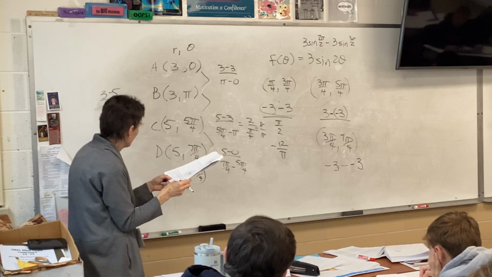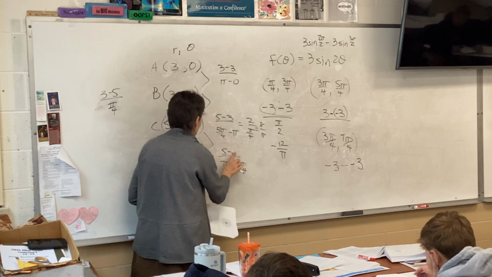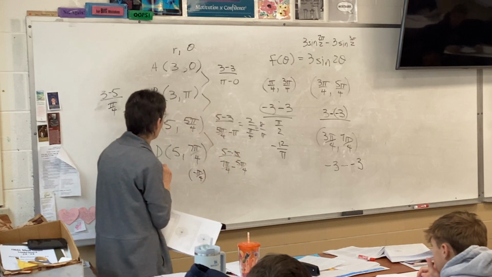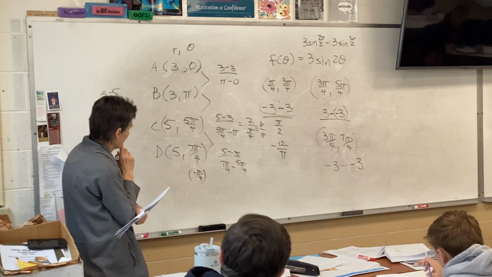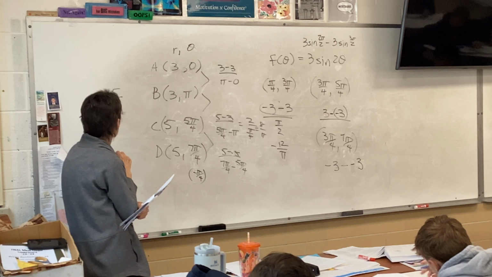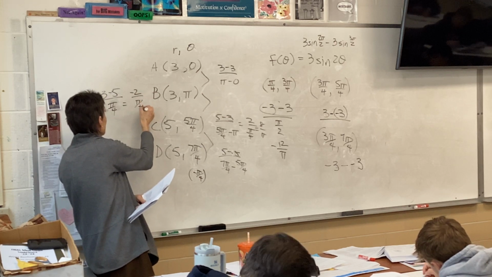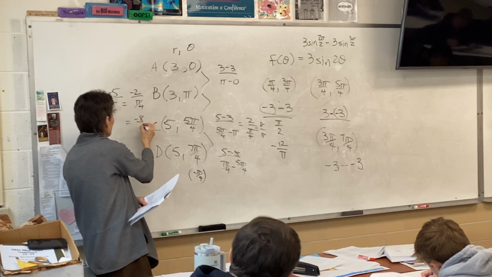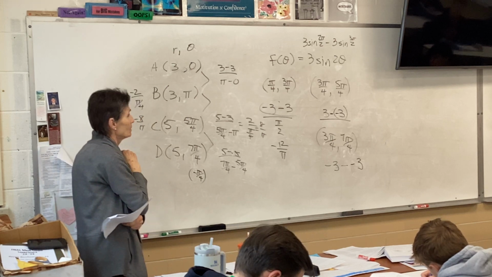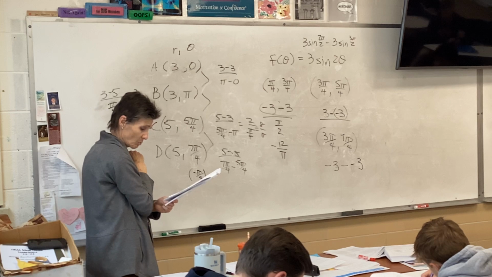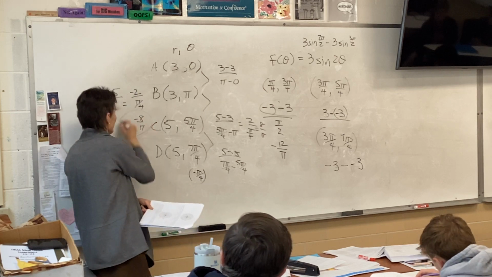D, I got 0 again. Smallest one, I actually got a negative number. Did you get negative 8 over 5? So what did I want, the smallest one? That would be this guy right here.